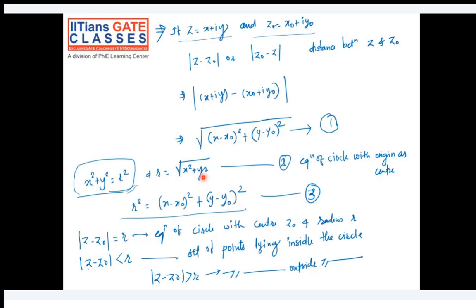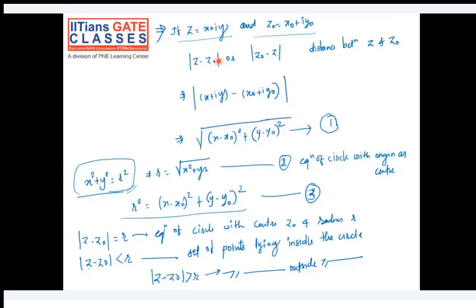So if I want to focus on the points which are within the circle, which are lying on the circle, and which are outside the circle, I can use the complex number understanding and represent it. So look at this equation. We started with mod of z minus z0, right?